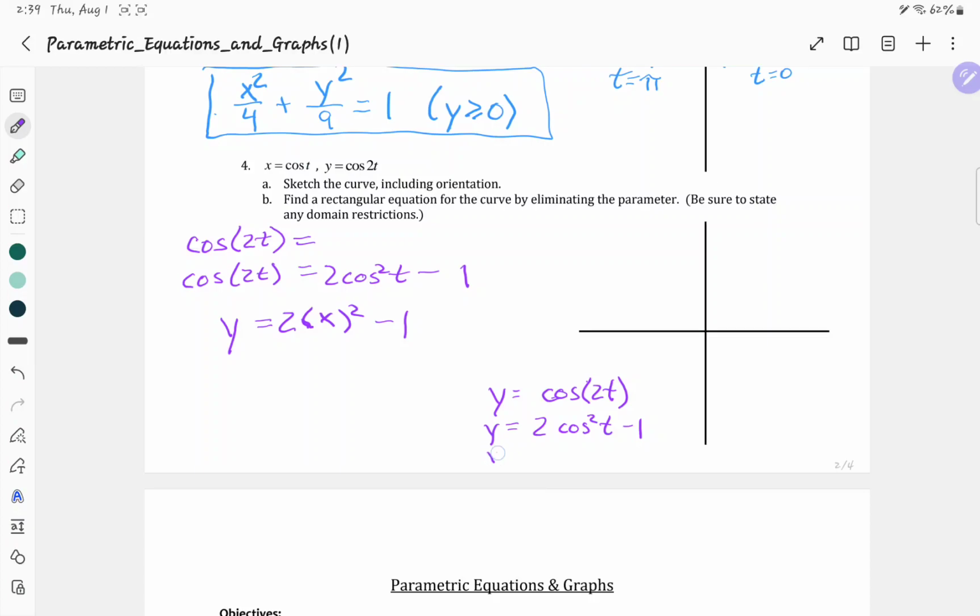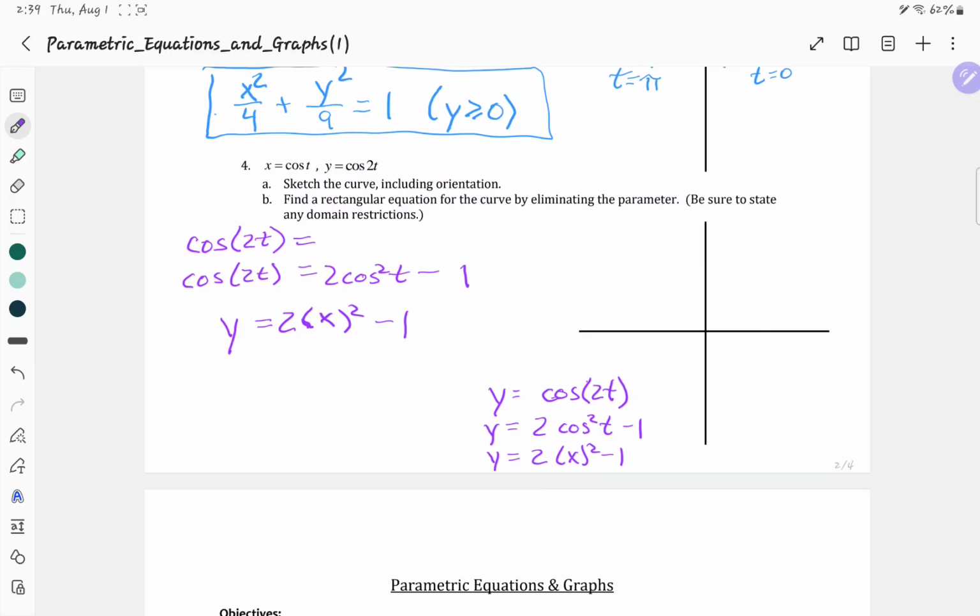So now y is 2, and that x gets squared, minus 1. So either way, you can go through it the same, but this is more like what you'll see in that number 2, where I get y in terms of something bigger than t.